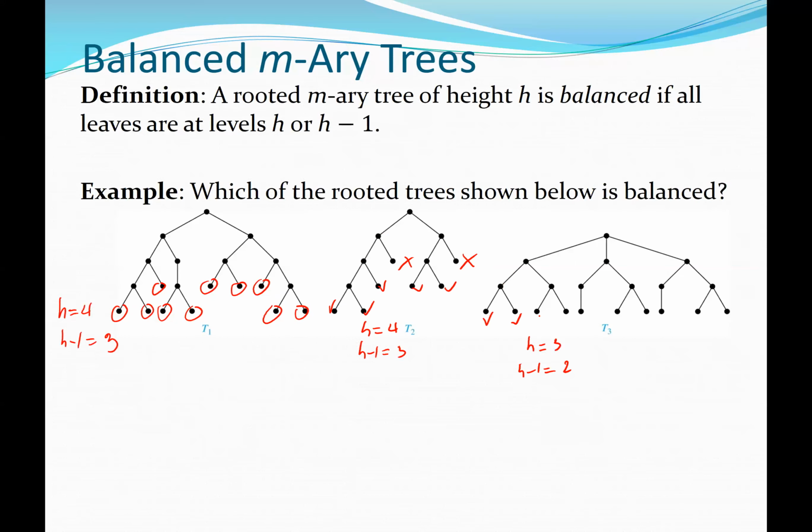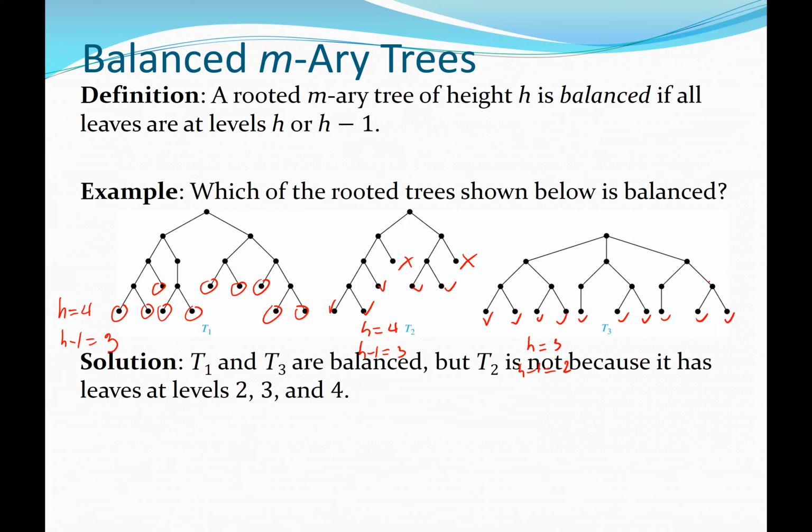So good, good, all good. So T1 and T3 are balanced, but T2 is not balanced because it has leaves at levels 2, 3, and 4, which goes against the definition of a balanced rooted tree. Make sense? Okay, so that's how we define balance.